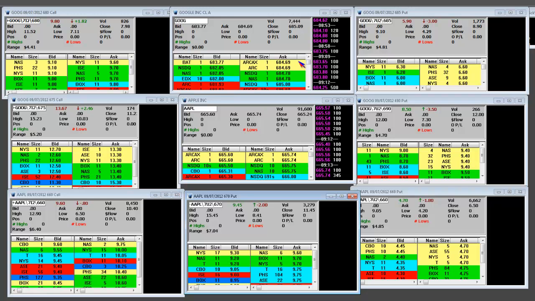Right now it's 683.77 by 684.69. That's classified from the ask to the close. That is classified as a gap opening up negative, which means that when it comes down and hits that support level, we're going to be watching that 685. And we're going to be watching this Apple.